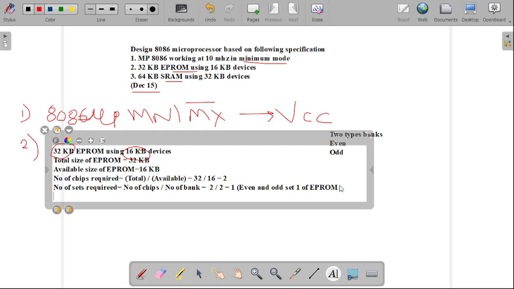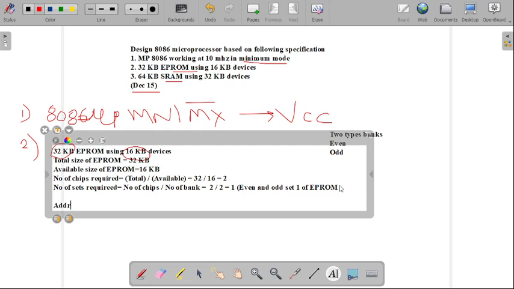Now let's calculate the address lines required for our EPROM. What is the available size for our EPROM? That is 16 KB. For 1 KB we use 1024 memory locations.